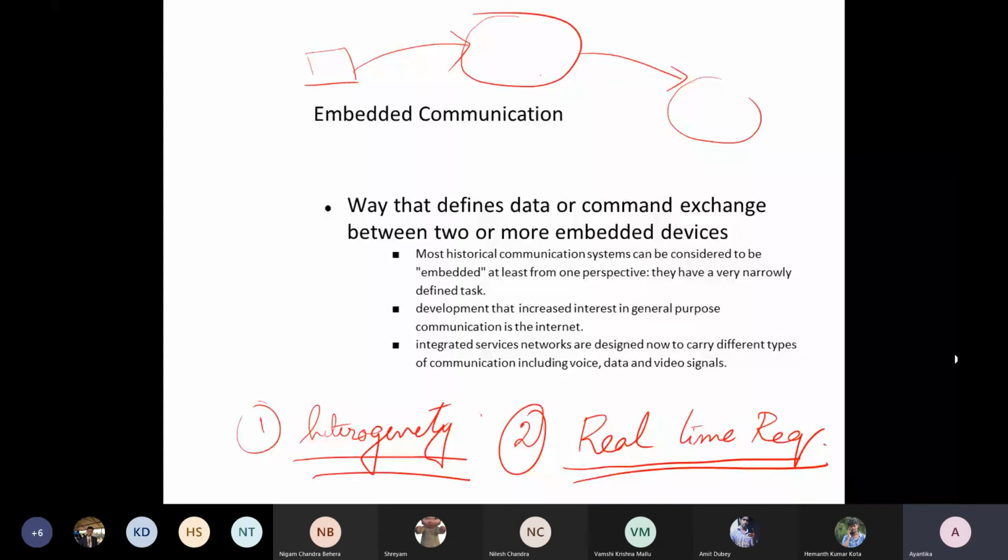That's why, if you see the syllabus, there are so many protocols we have included, like CAN, LIN, FlexRay.